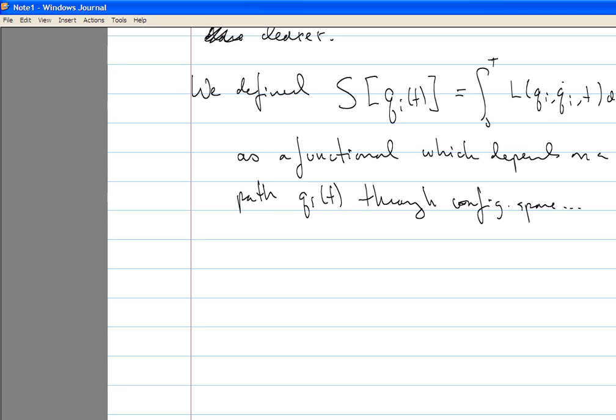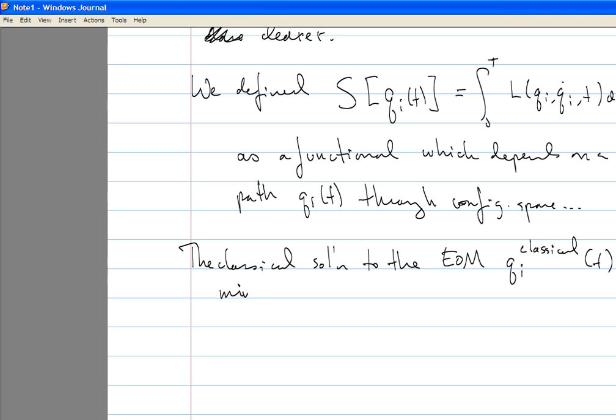And the classical solution to the equations of motion, let's call it q_i classical of t, is the solution which minimizes this functional. Okay, so that's something that you all know very well.